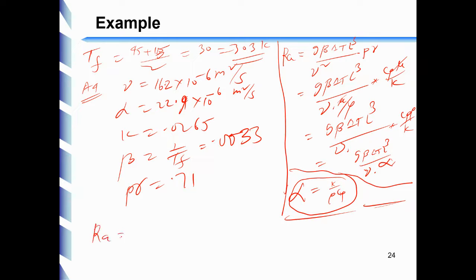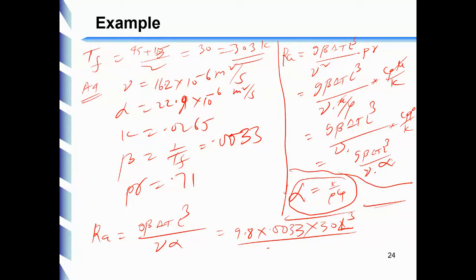So we can calculate Ra, if you use this equation, as 9.8 times 0.0033 times delta T, 45 minus 15, so 30, L cube, divided by gamma alpha, which gives 2.62 times 10 to the power 9 L cube.